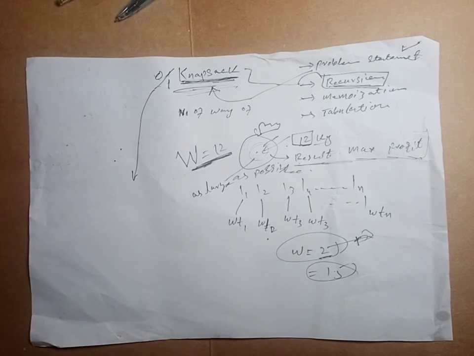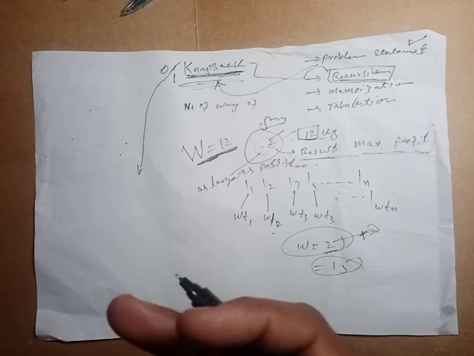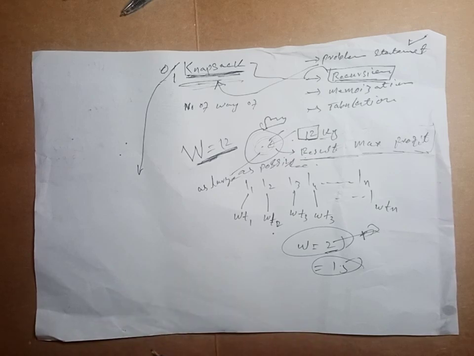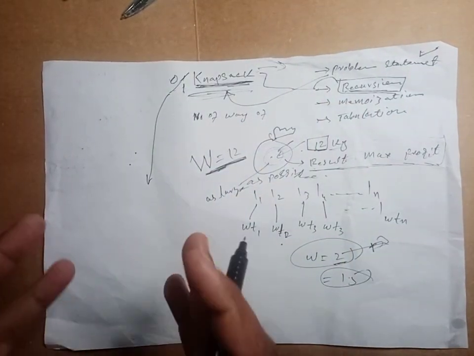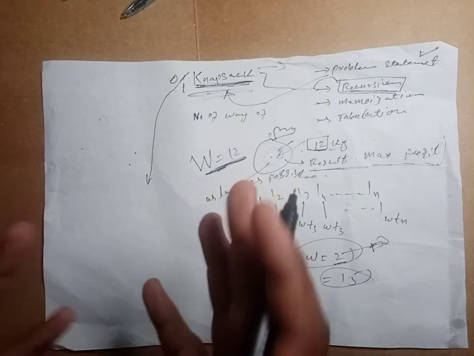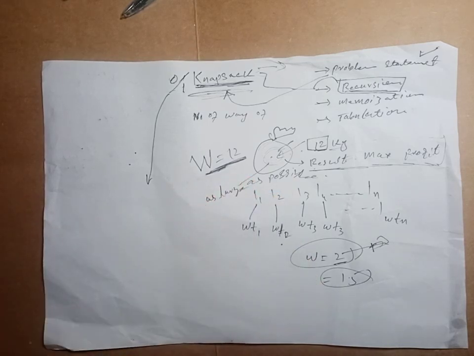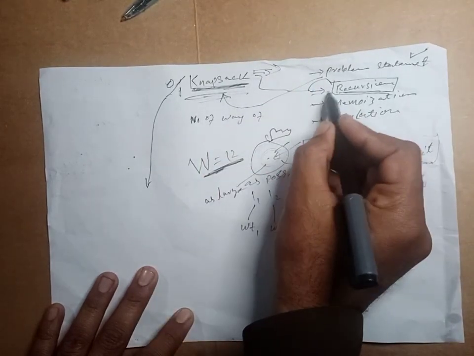Up to now, what we have learned is just the conceptual definition of the knapsack problem, and this is a classical problem. From this problem, six other programming concepts are generated, and they have a total resemblance to knapsack, but we will learn them in the coming videos. For now, we will explain only knapsack using recursion.